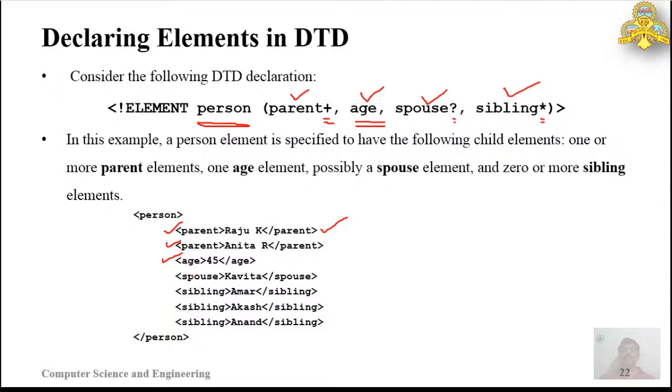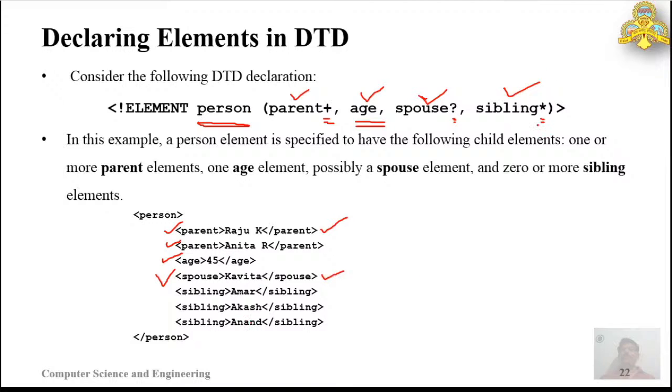Spouse: here there is only one or no spouse information. If the person is unmarried, then spouse information will be absent. If he is married, there will be only one spouse, so only one spouse tag is provided. If the person is unmarried, they can ignore this tag.